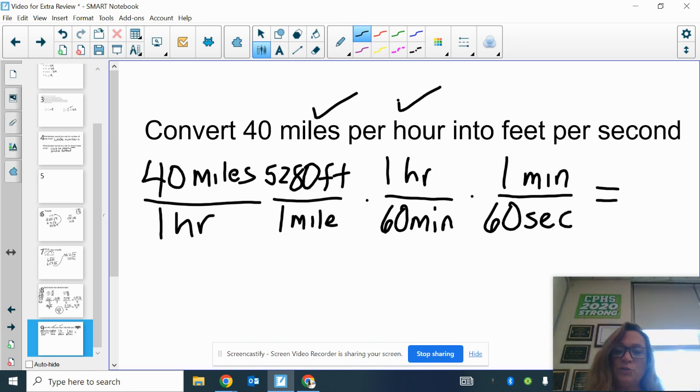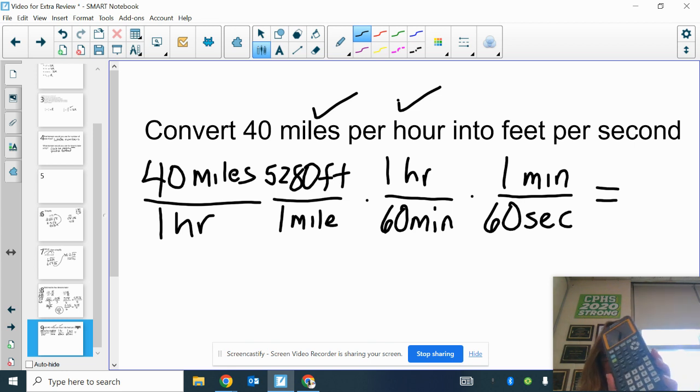Okay, now remember this works because every fraction that I'm adding is essentially a 1. 5,280 feet is equal to 1 mile. 1 hour is equal to 60 minutes. 1 minute is equal to 60 seconds. So I'm not changing the value of 40 miles per hour. I'm just going to change the way it looks because I'm multiplying it essentially by 3 different ones.